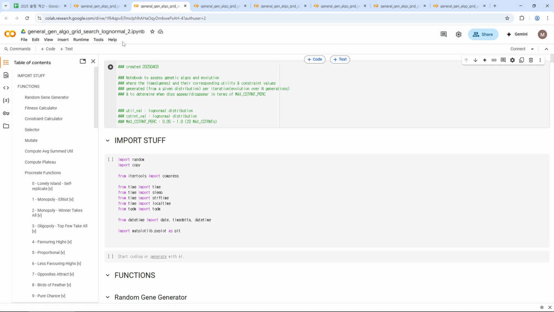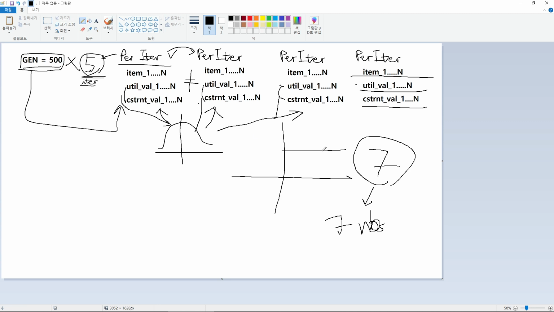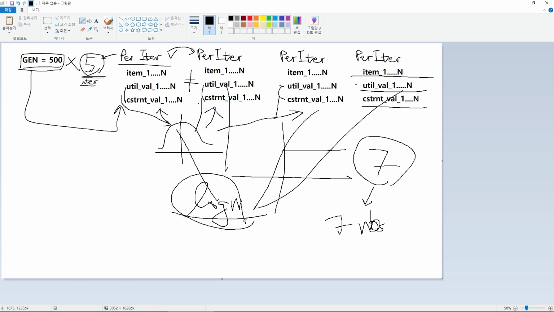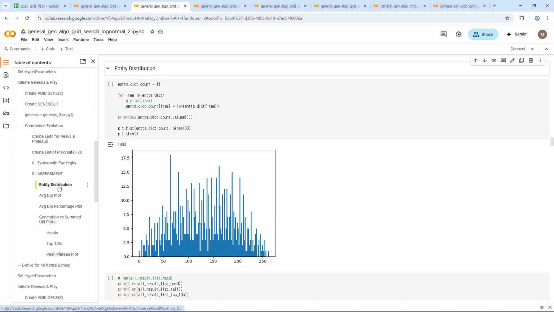I'll be quick. Next one, we're using the log normal distribution. So we're sampling all these values from log normal. Entity distribution, kind of.